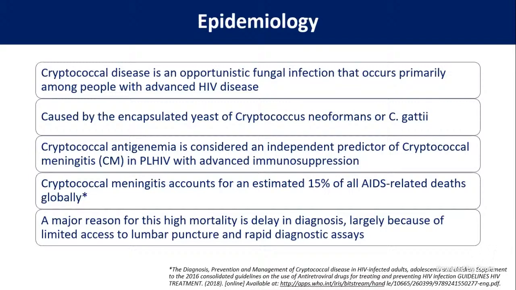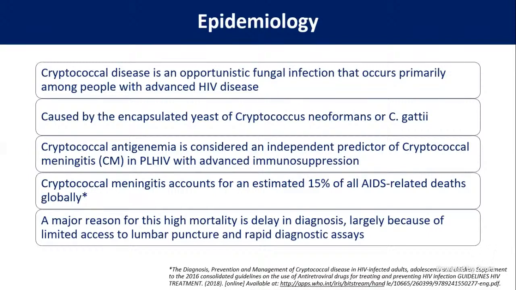It is very important to know that nowadays we are able to diagnose cryptococcosis by a very simple technique, detection of cryptococcal antigenemia, meaning we can detect the cryptococcal antigen in the serum of these patients, and that can predict the presence of cryptococcal meningitis, which is a far more serious form, especially in those with advanced immune suppression.